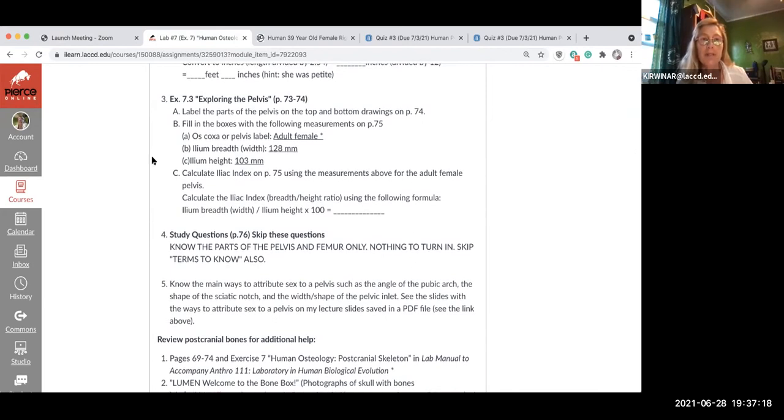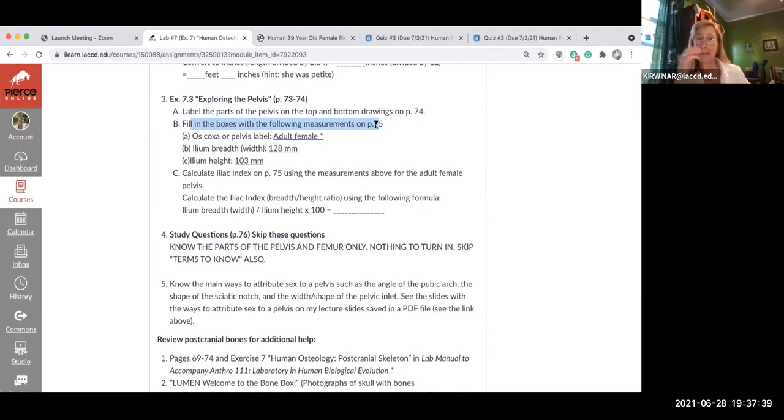So there's different parts to it. It says A, label the parts of the pelvis on the top and bottom drawings on page 74. Fill in the boxes with the following measurements. The label of the pelvis is adult female. The ilium breadth means width, is 128 millimeters, and ilium height is 103, and so on.